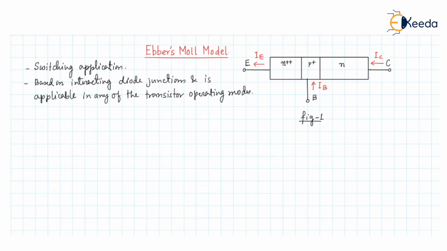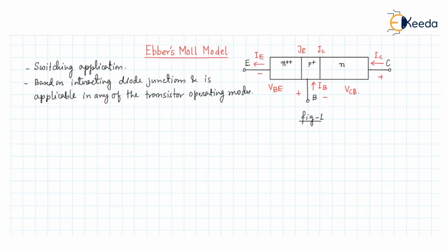The voltage developed between the base and emitter will be VBE, and the voltage between the base and collector, with positive and negative here, will be VCB. Here we get a JE junction and a JC junction.